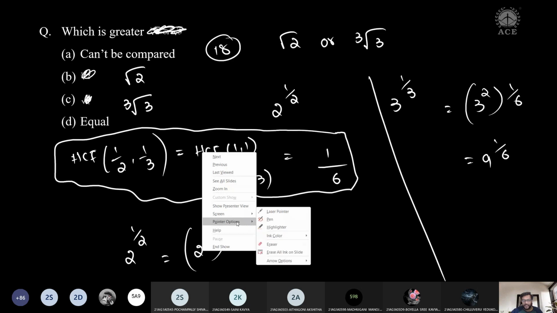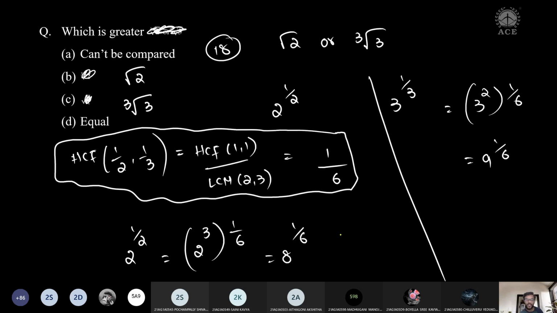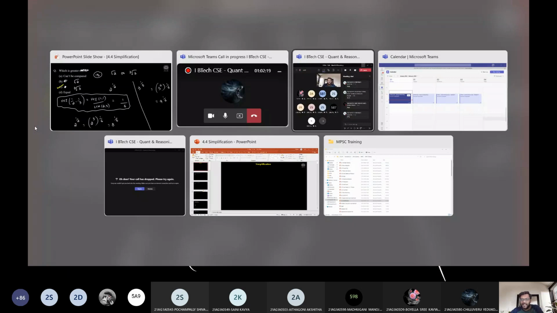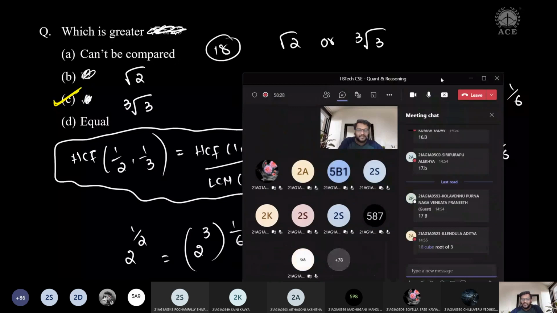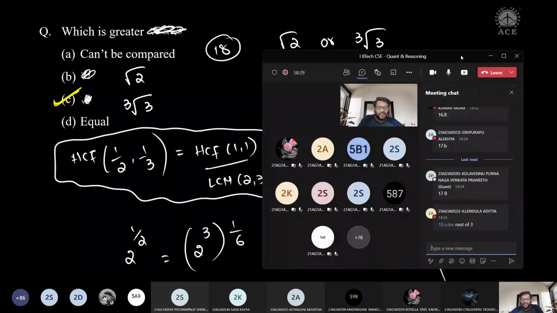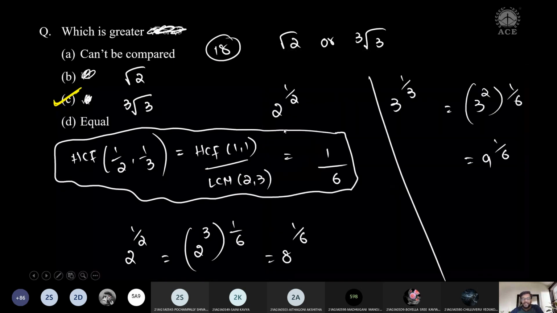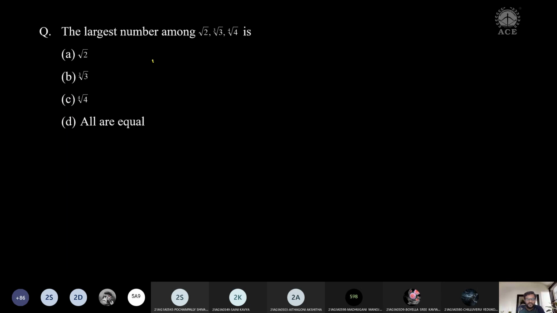Among square root 2 and cube root 3, which is largest is cube root 3. Excellent, Aditya. See the tricks, my dear friends. We have to maintain common power when base is not possible. Got it? Right. Now see the next question.